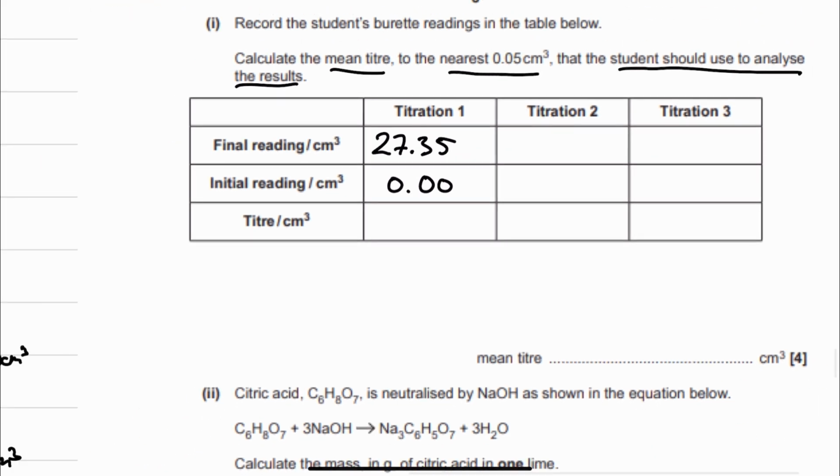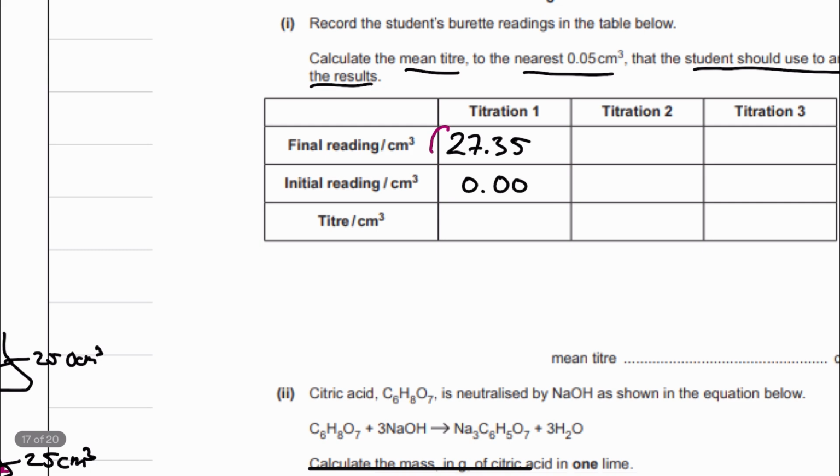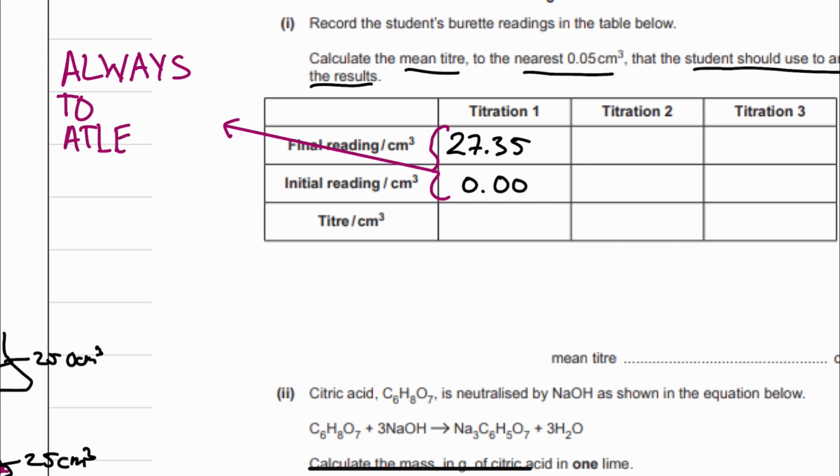Now, big note. In titration questions, always record readings to at least one decimal place.